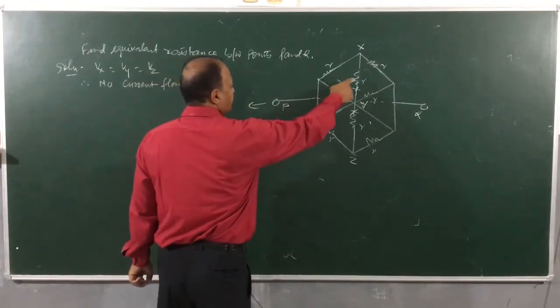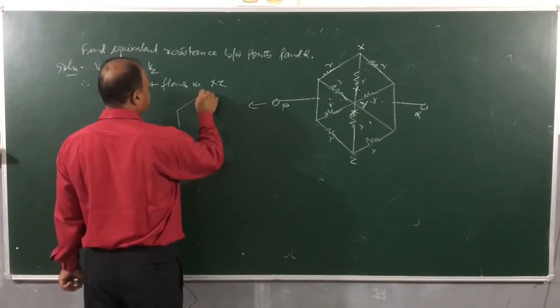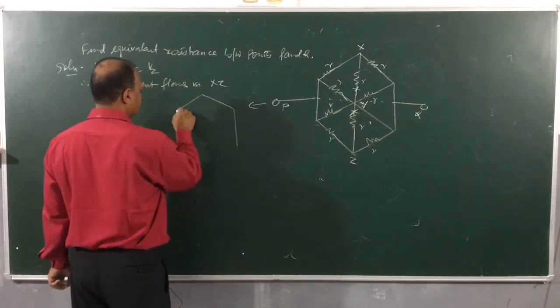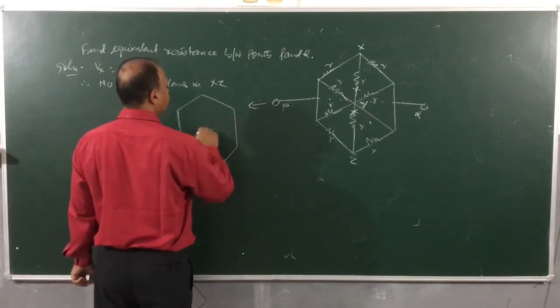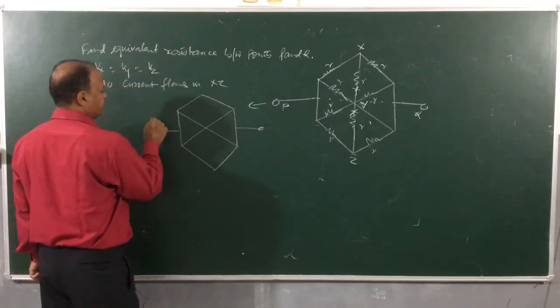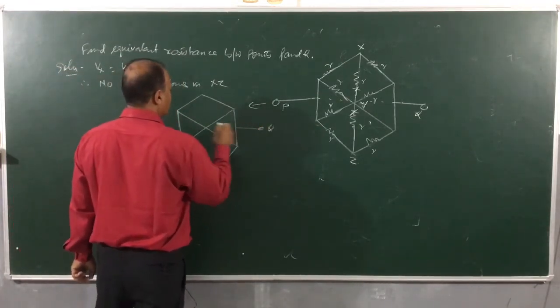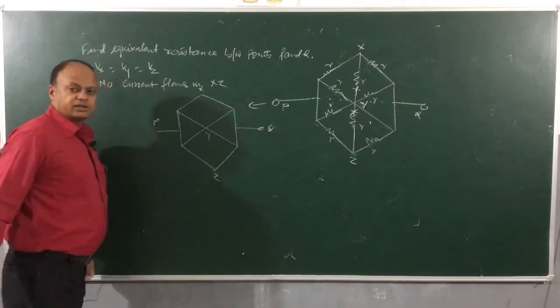Let us see. If I remove this, then the circuit becomes something like this. This is P and this is Q. This branch, like this X, Y, Z, is off.